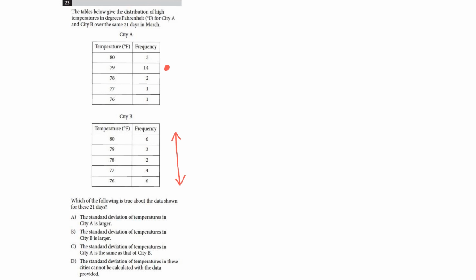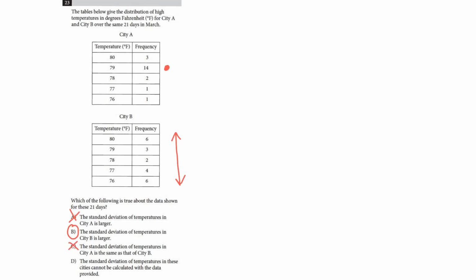The standard deviation of temperatures in City A is larger. No, standard deviation in A is lower. The standard deviation of temperatures in City B is larger. That sure looks like it. Let's read the rest. The standard deviation of temperatures in City A is the same. No, they're clearly not the same.